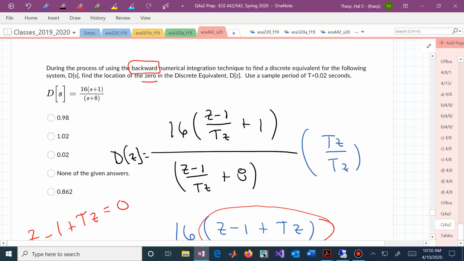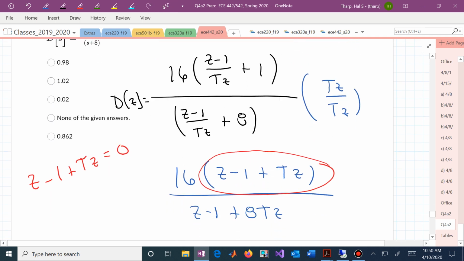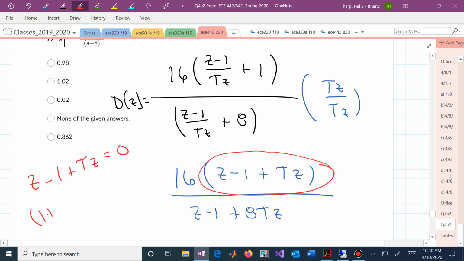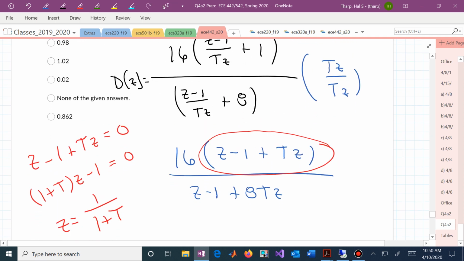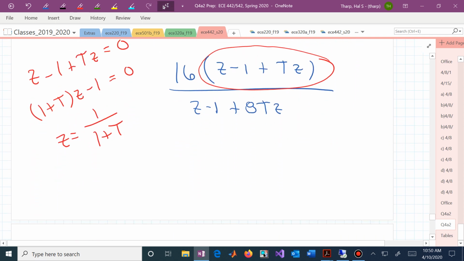I was given a T, so I can say, oh, I have 1 plus T, z minus 1 is equal to 0, or z is equal to 1 over 1 plus T. And you should be able to find your answer then for the zero location in that question.